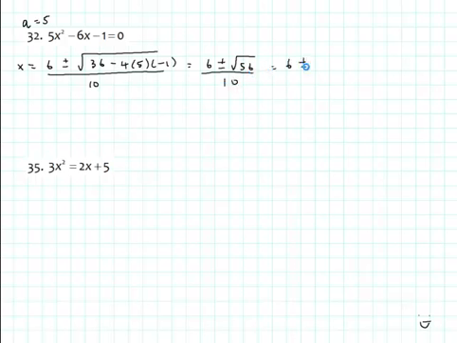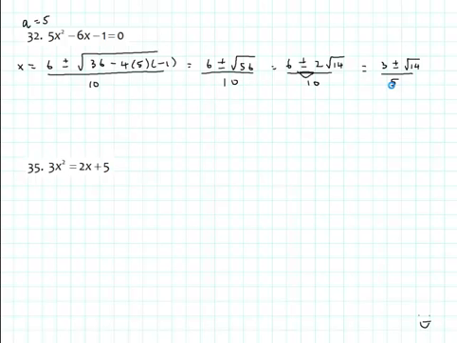The square root of 56 is 2 radical 14 over the 10. We can reduce from our triangle of numbers by taking out a 2, and we're left with 3 plus minus 1 radical 14 over a 5.